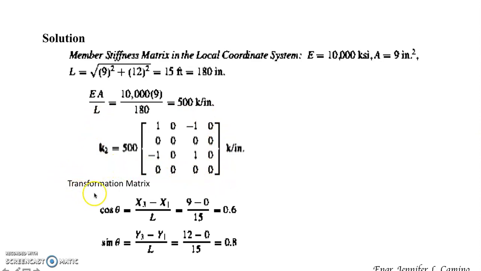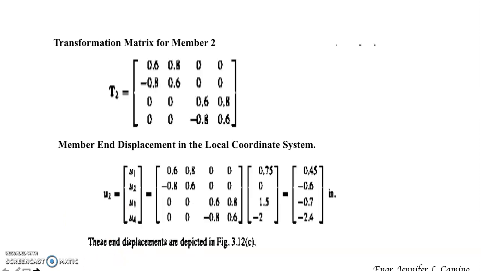Then afterwards, you get the transformation matrix. For the transformation matrix, you simply have to use the transformation matrix equation, get the value for cosine theta, and of course for sine theta. Once you have that, this is now the equation for the transformation matrix for member 2.